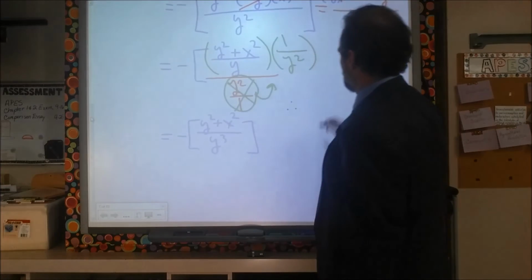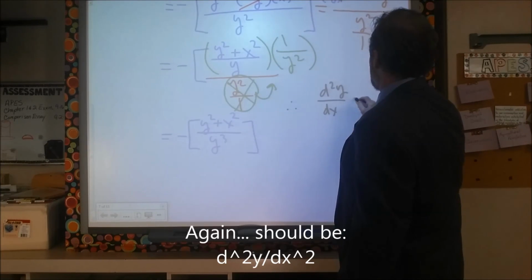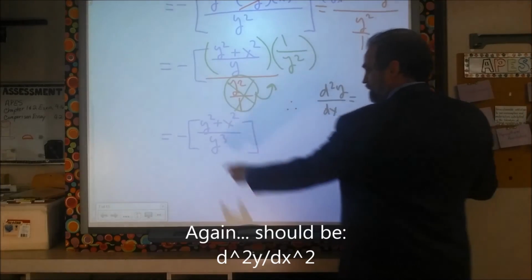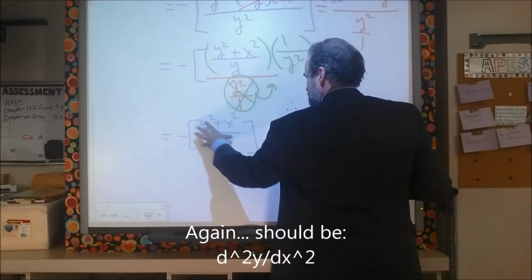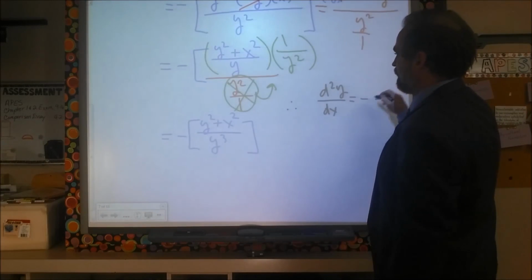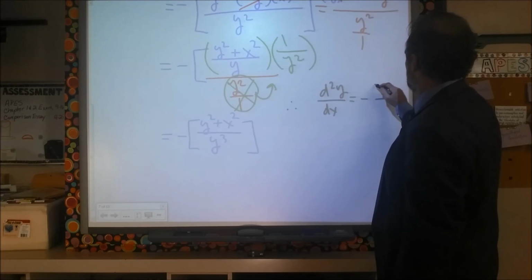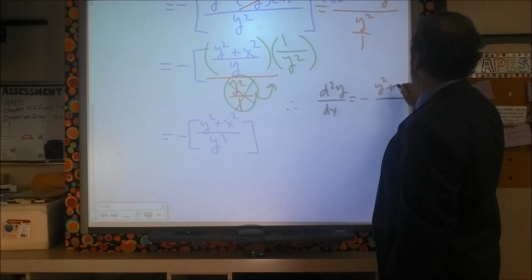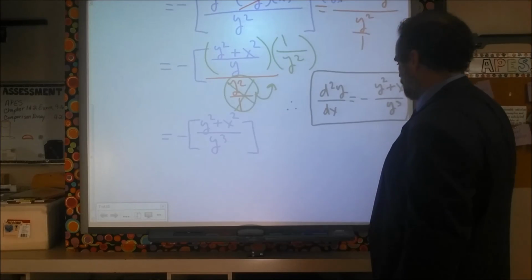Therefore, d2y dx is. I'm going to just put the negative in front of that. I could distribute into that, or I could put negative that, right? The opposite. So I'm going to write negative x squared plus y squared. It doesn't really matter. I'll leave it alone, just so it doesn't confuse you. And that is our answer.